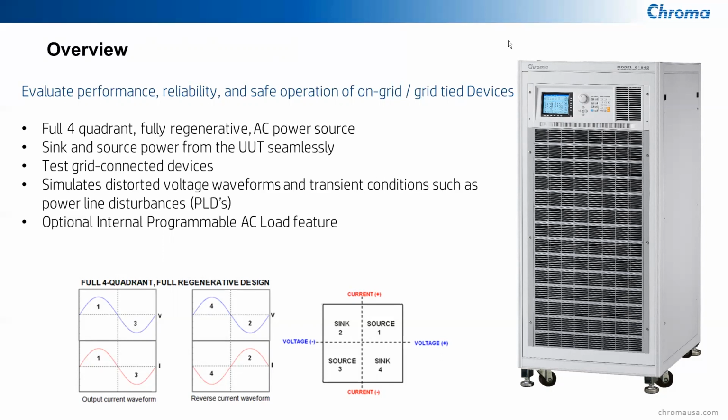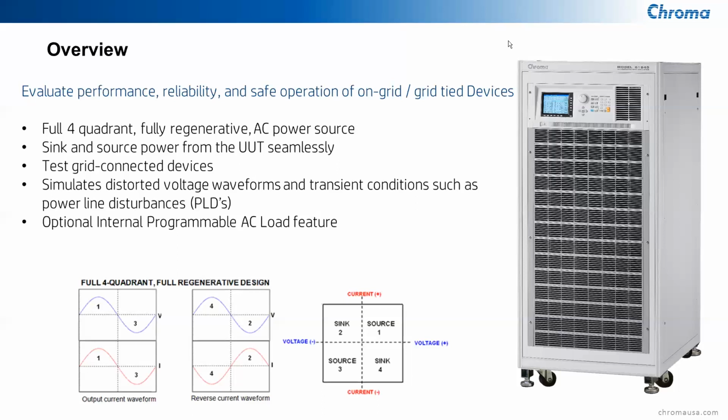So in simple terms, our unit operates as a sink when it's operating in the second and fourth quadrants, and it operates as a source when it's operating in the first and third quadrants. If you'd like more information on what a 4-quadrant regenerative source is and how that works, reach out to me with an email, and I'll be happy to give you a little more detail on it.